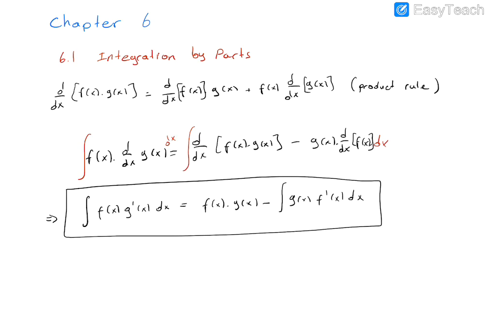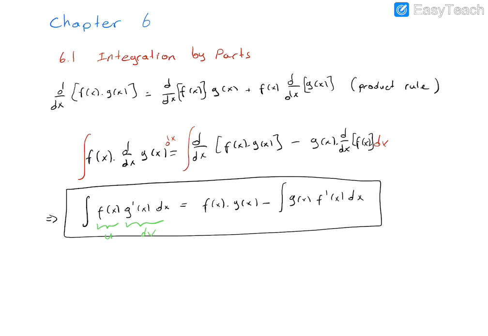So this equation can be transformed into a more convenient form by letting u equal f of x and v equal g of x. But from the left side of the equation, you cannot see g of x directly. So by saying f of x is u and g prime of x dx equals dv, we can obtain the following formula.